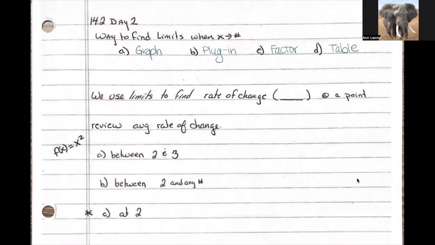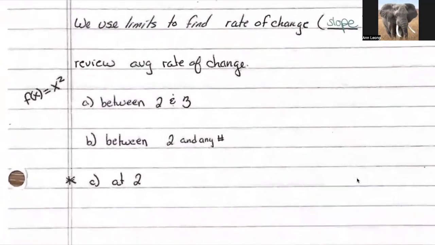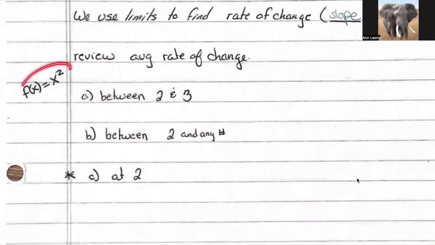All right, so we're going to use limits to find now the rate of change, or the slope, at a certain point. For example, if this function is x squared, and I want to find the rate of change between 2 and 3, just remember, average rate of change is the change of y over the change of x.